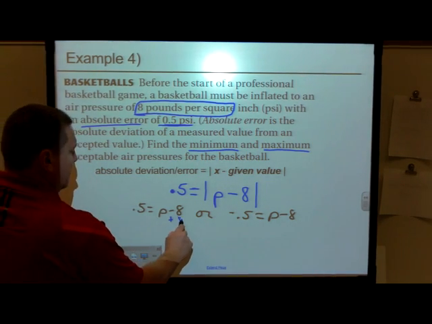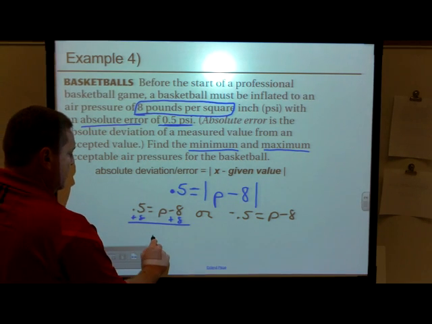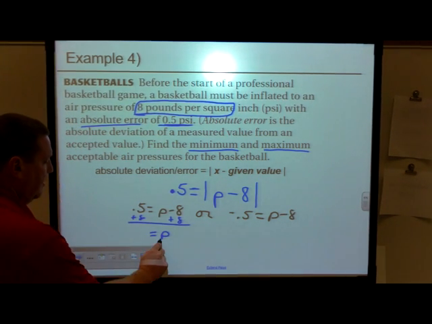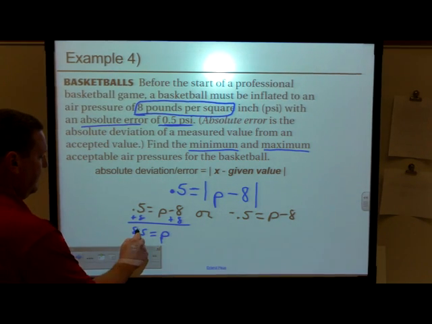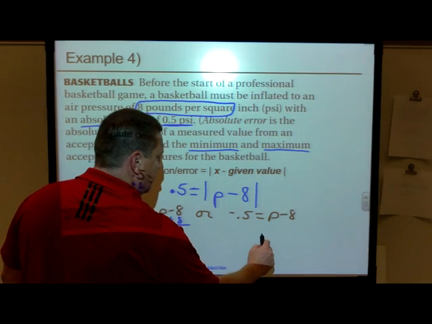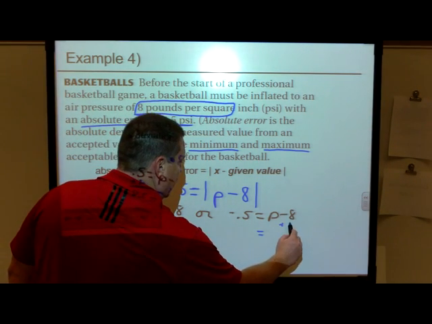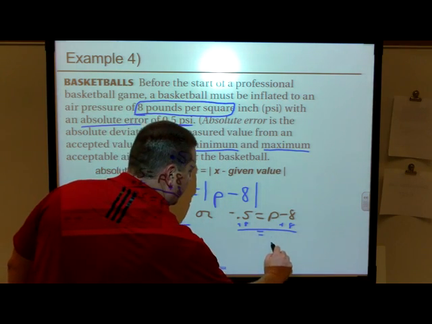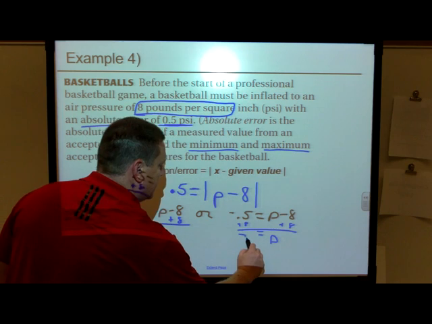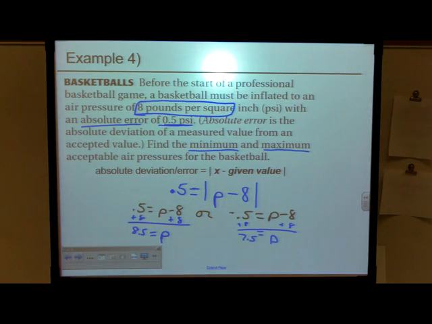So I'm going to add 8 to both sides so that air pressure 1 could be 8.5. And air pressure number 2, so I'm still going to add 8 on both sides. Air pressure number 2 could be 7.5. And they want a minimum and a maximum.